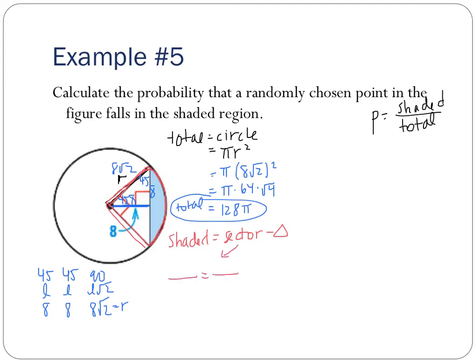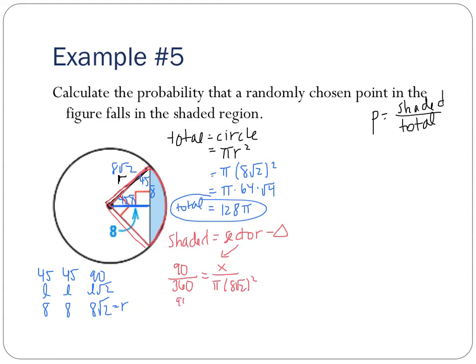Hopefully remember that to find the area of a sector, we're going to have to use a proportion. Now our central angle is 90, so I have 90 out of 360 equals the area of the sector, which is what I'm finding, over pi r squared, which is 8 root 2 squared.